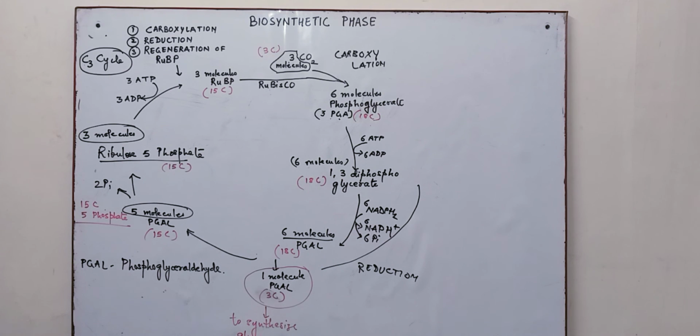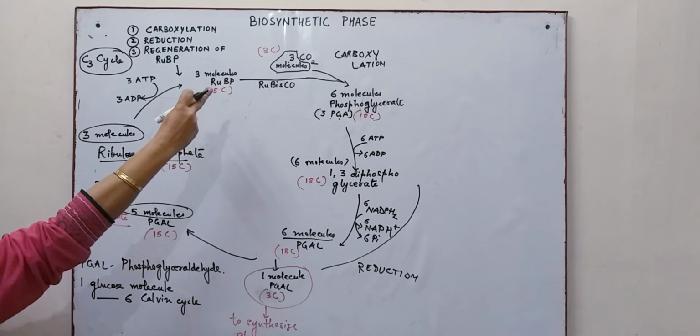Now you also have to understand that during this process we have taken 3 carbon atoms, but as I initially told you, only 1 carbon dioxide molecule is taken up by the plant. So for the synthesis of 1 glucose molecule, we require 6 Calvin cycles.